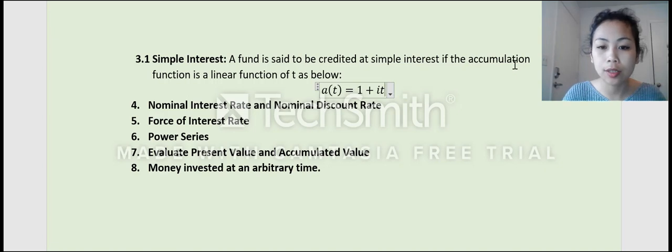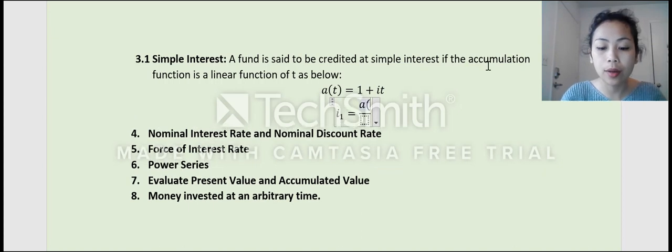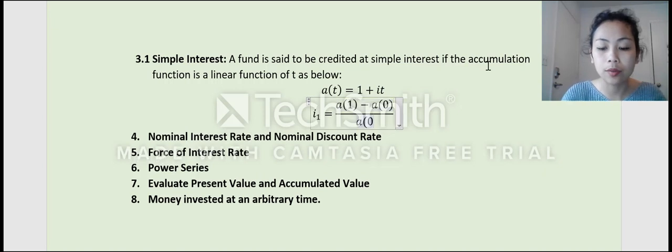And in simple interest, the effective rate is calculated as follows. i_1 is equal to (A(1) minus A(0)) over A(0). And that's equal to ((1 plus i) minus 1) over 1, which is equal to i.